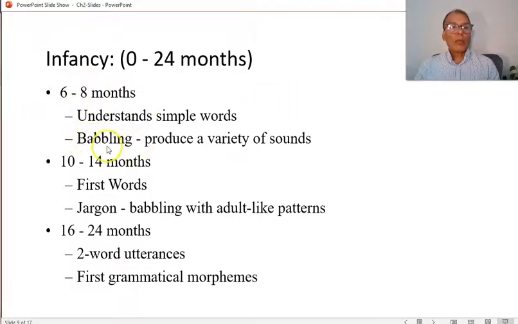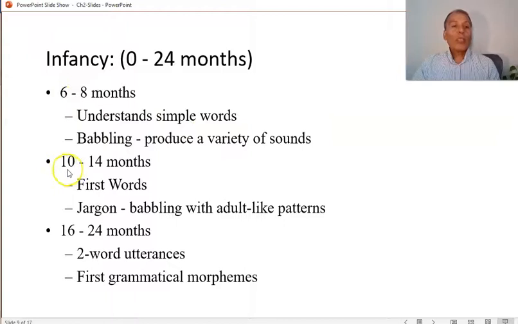That comes just a few months before the baby is able to produce words. It's like practicing. And the strength of the babbling and how frequently the baby babbles actually predicts how well that child's language development is going to be. The baby understands simple words between 6 and 8 months.